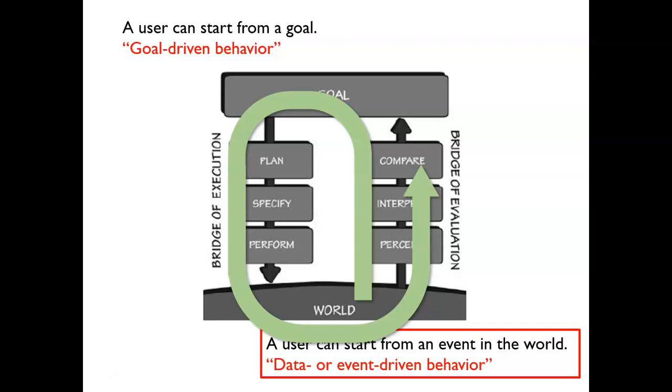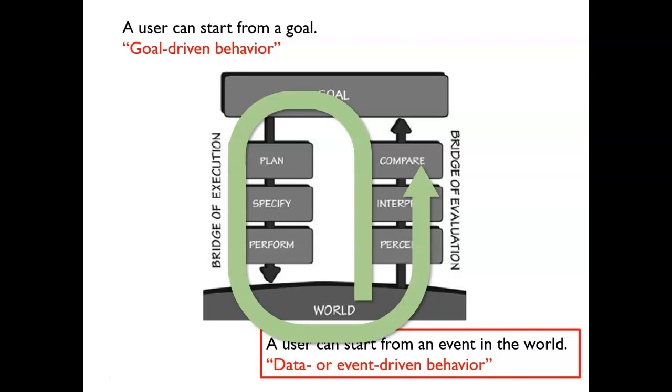I will specify how I'm going to buy that ticket: I'm going to go to Ticketmaster and click on the buttons. I will search and pay my money. I perform those actions. I get results into the world, emails, debits on my accounts. I perceive those emails. I perceive those debits. I interpret those as success. I compare that to my intended goal state. Yes, I am going to go to the show. Or again, until COVID hit, I was going to go to the show.